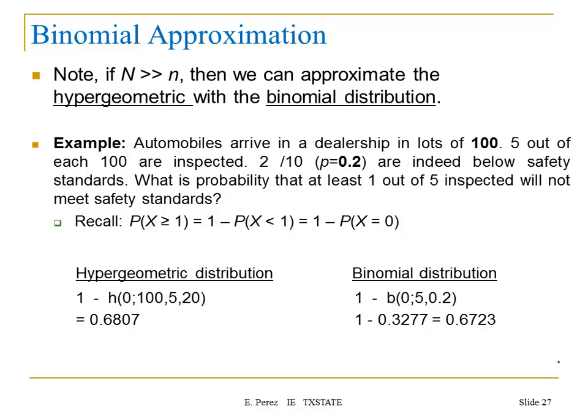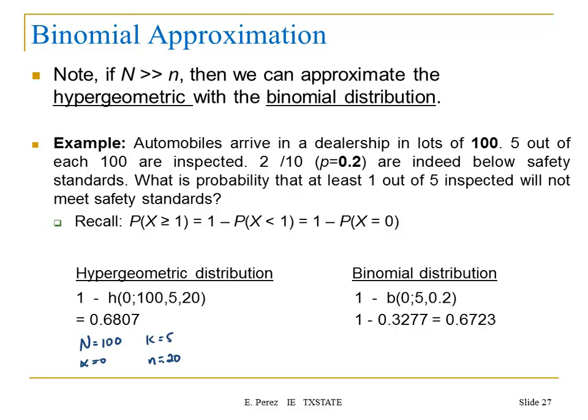But if you use the hypergeometric, then you can state that using x is 0, number of defectives is 5, and n equals 20.